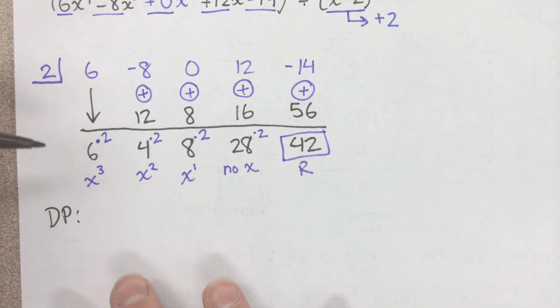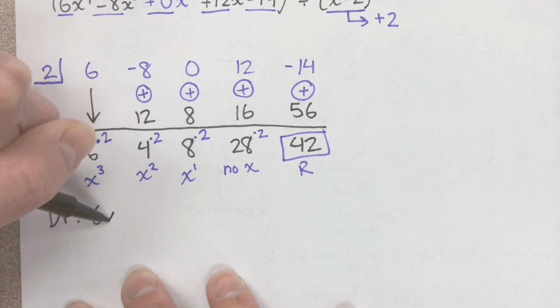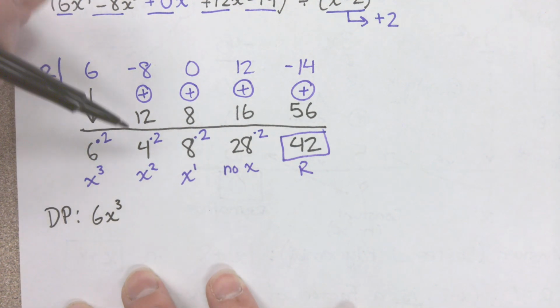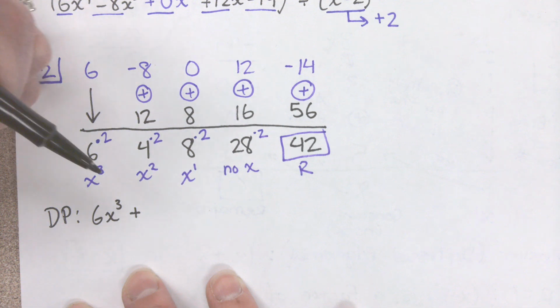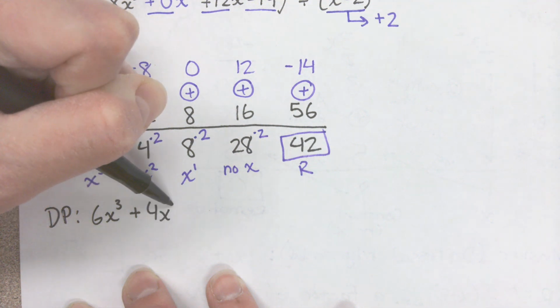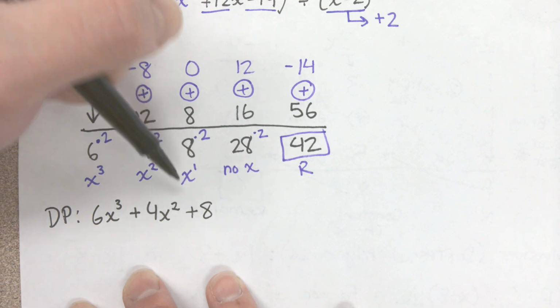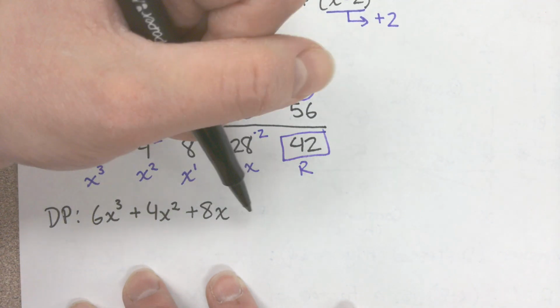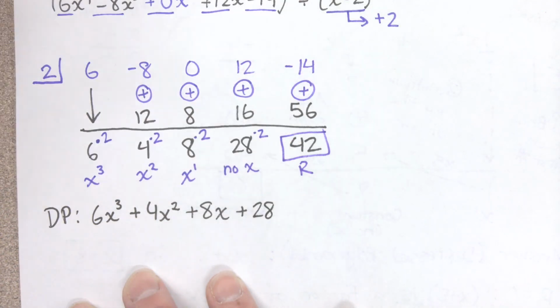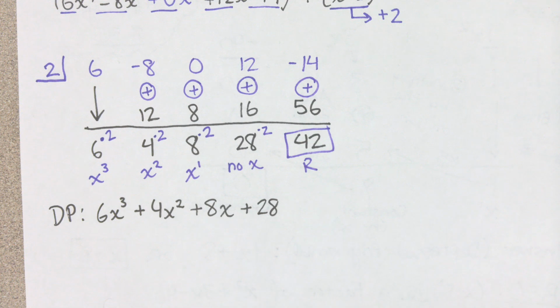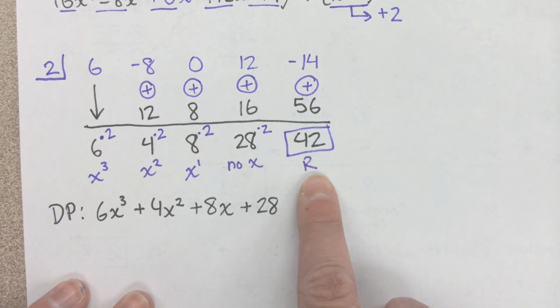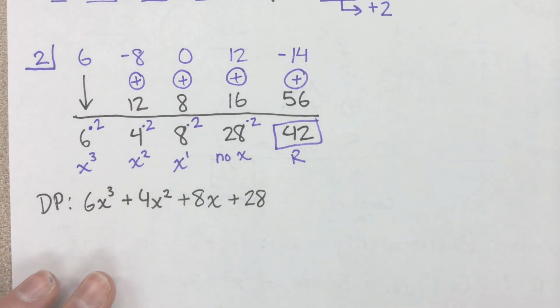Starting with the first term, we have 6x cubed. 4 is positive, so we'll put a plus in front of it, plus 4x squared. 8 is also positive, so it gets a plus 8x. 28 is positive, plus 28. No x on that term. Don't forget there is a remainder, so it has to go in the answer.